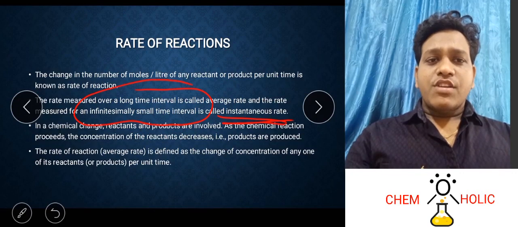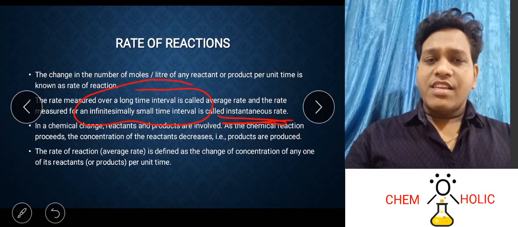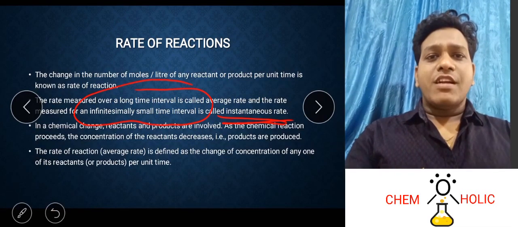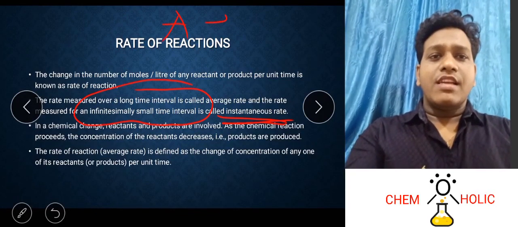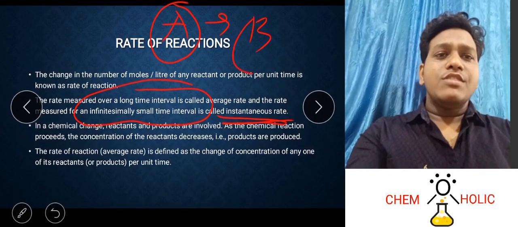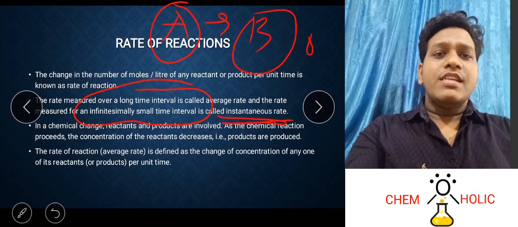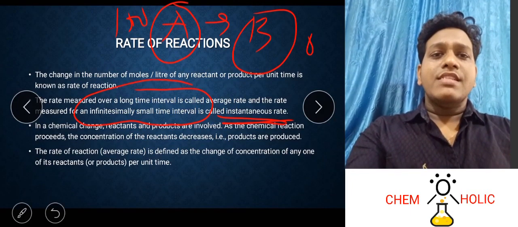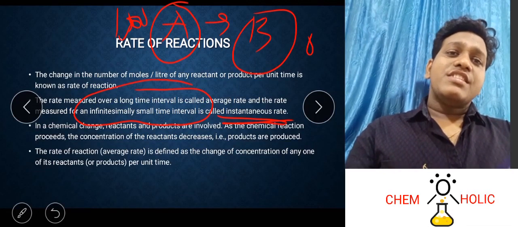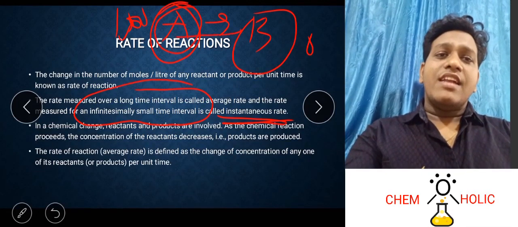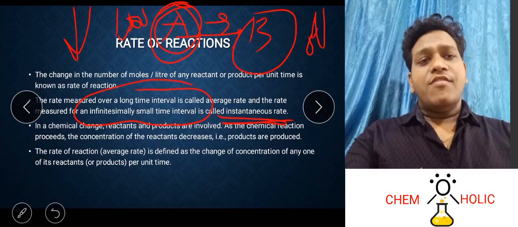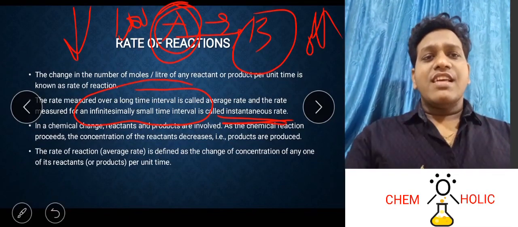As a chemical reaction proceeds, the concentration of reactant decreases and products are forming. For example, suppose A is converting into product B. Initially A is 100% and B is 0%. After the reaction starts, A starts decreasing and B starts forming.